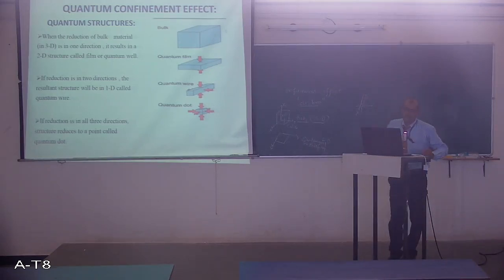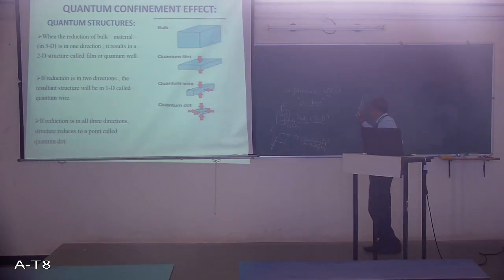It means the electron can move along only one direction, that is the extended x direction. The electron is confined along the z direction as well as the y direction.